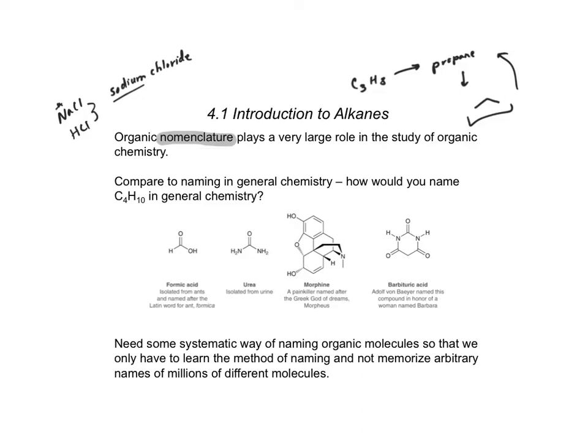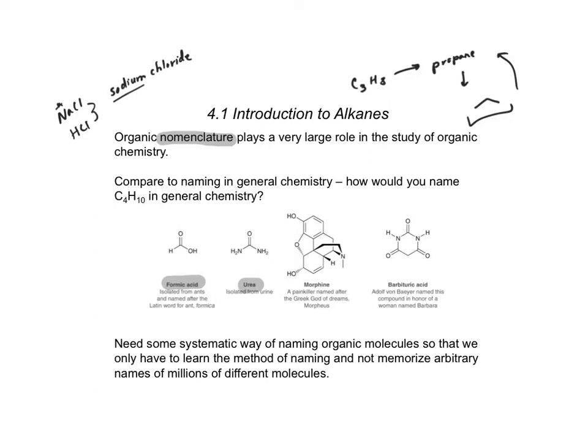I give an example of formic acid here. Formic acid is named formic acid because it was originally isolated from ants, and the Latin word for ants is formica, right? Same thing for urea. Urea was isolated from urine. That's why it gets its name, urea, right?